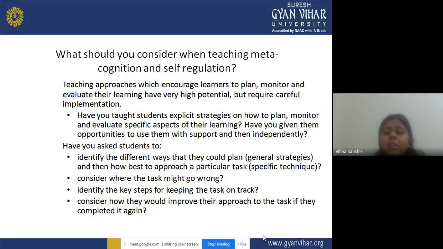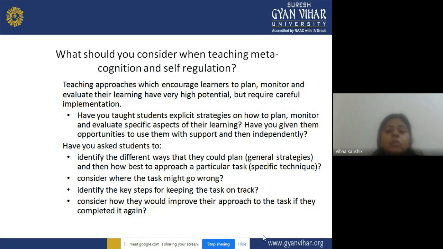Everything has to be monitored and evaluated, and they have to judge their learning. These approaches have very high potential but require careful implementation.